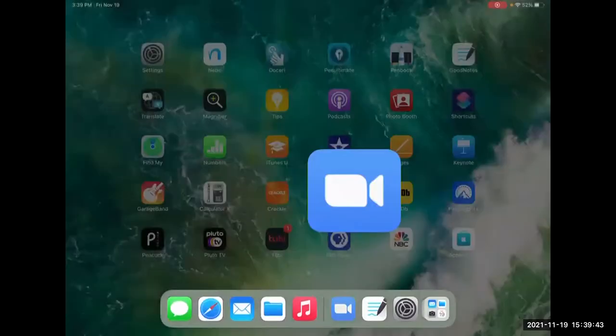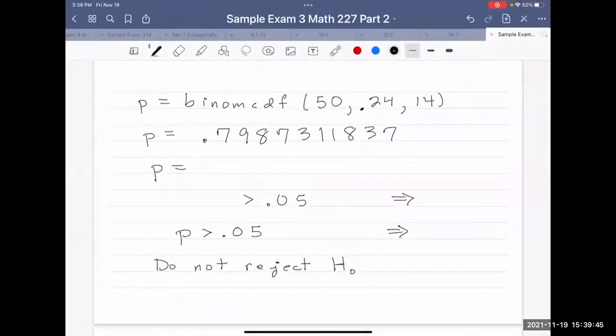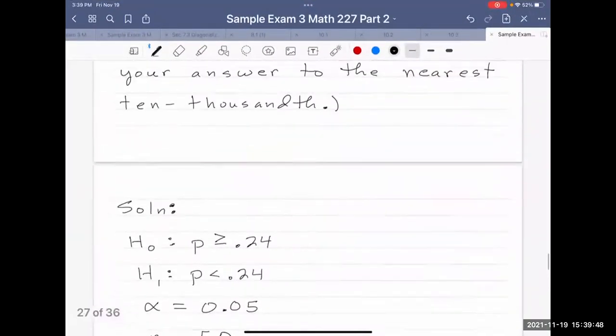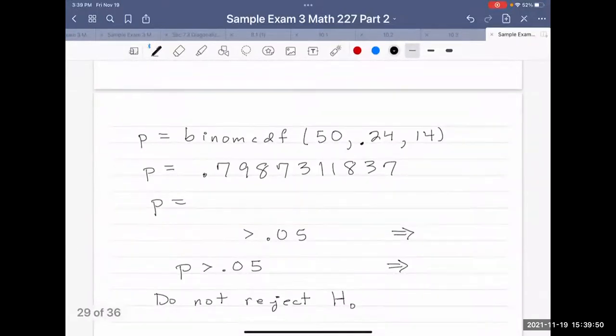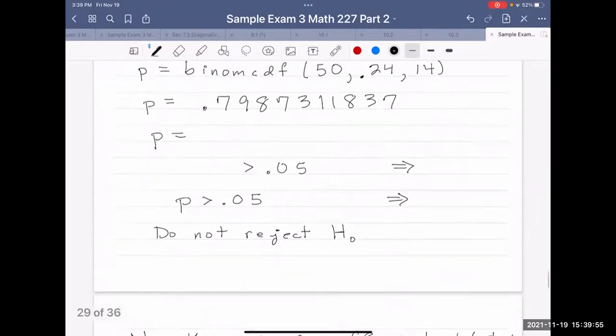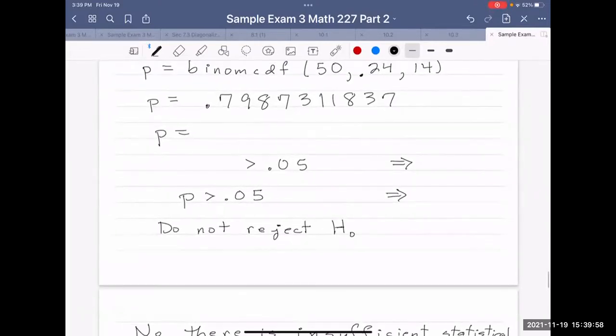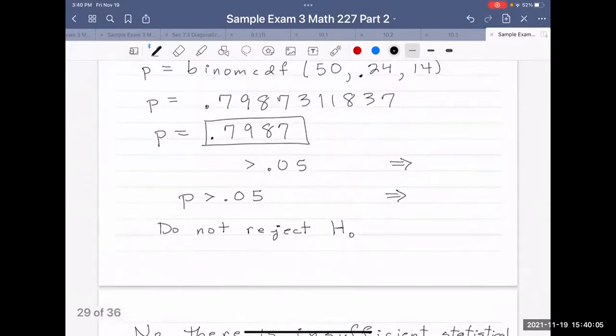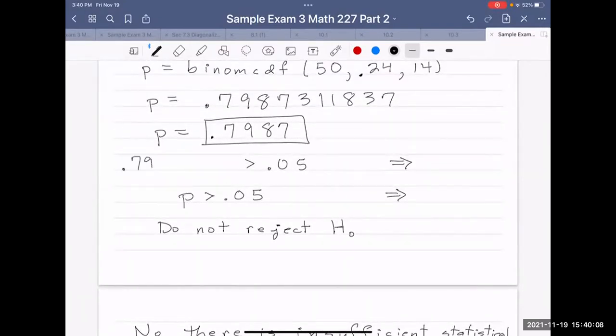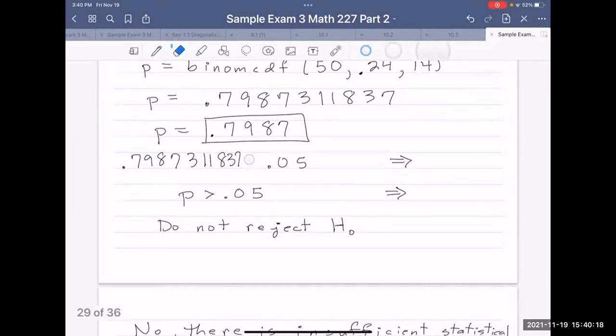And you want to round to the nearest ten-thousandth. So 0.7987. Well, I have that P here, 0.7987311, is greater than 0.05, quite a bit bigger.